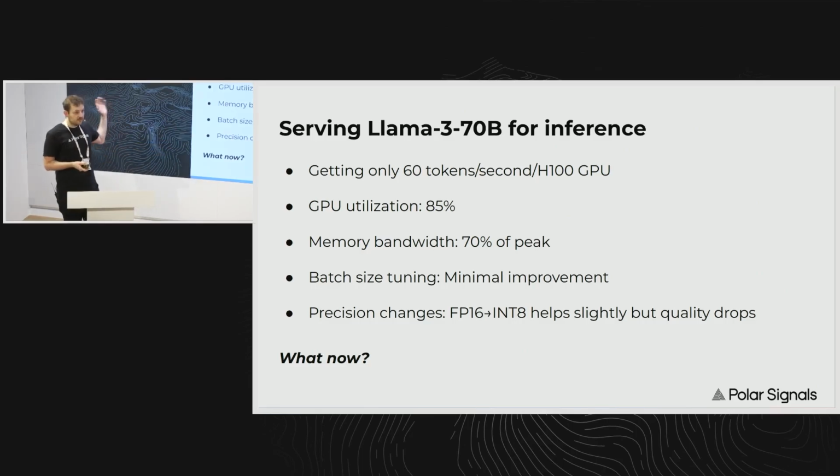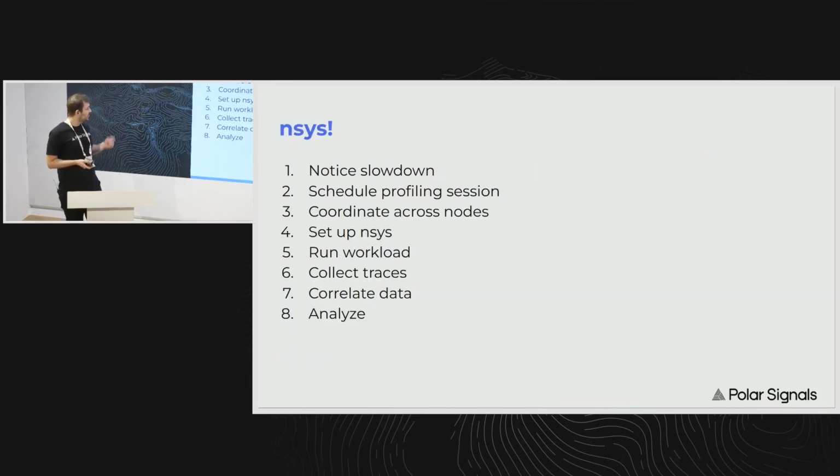But once we're at the point where we've tried all of these things, there's really nothing else other than actually profiling. And in the NVIDIA ecosystem, the tool that people typically end up defaulting to is called NSight. This is a profiler that NVIDIA releases that you can use to profile your CUDA workloads.